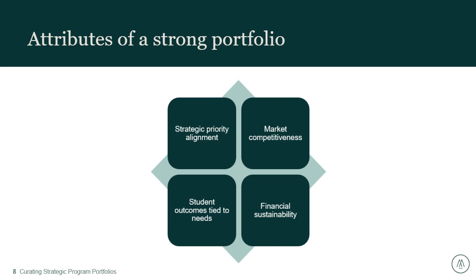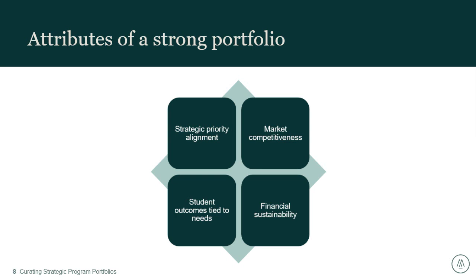That may be a program tied to your mission, and that's okay. What I like to say is, as long as you understand the situation, it's okay to make those decisions. But if you don't understand what the numbers are telling you, that's when you can really get in trouble.